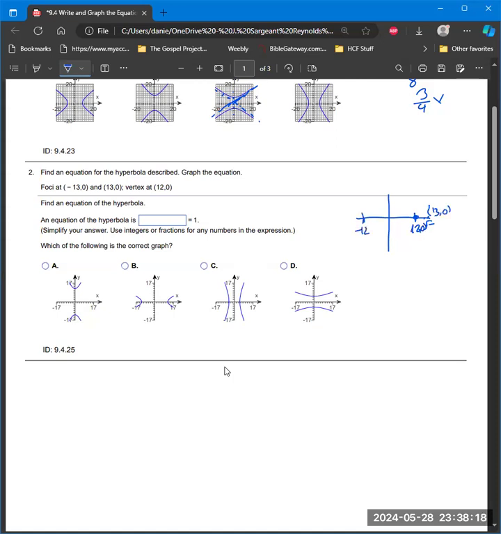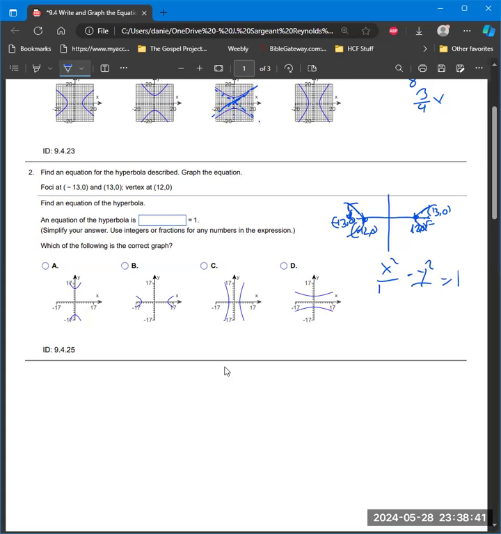Negative 12, 0 will be a vertex, and negative 13, 0 will be a focus. It's going to open this way and this way, so x squared is going to be the positive part, y squared the negative part, equals 1.